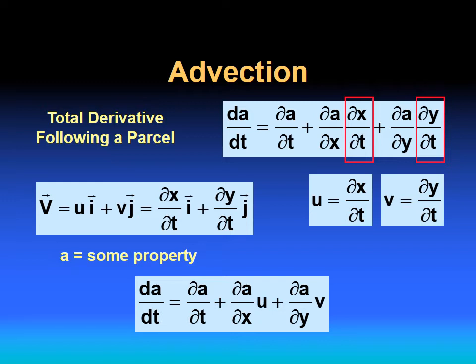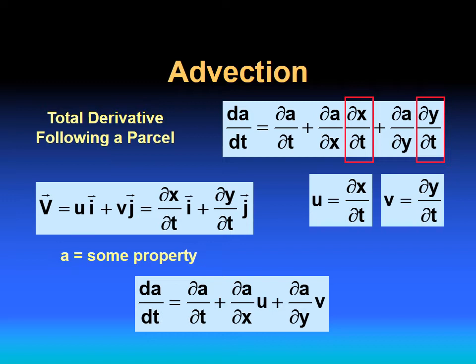And that's your Eulerian, plus ∂A/∂x dx/dt, which I put in a red box, plus ∂A/∂y dy/dt. So I put the dy/dt in the red boxes. Everything to the right of that plus sign has to do with motion and also gradient.